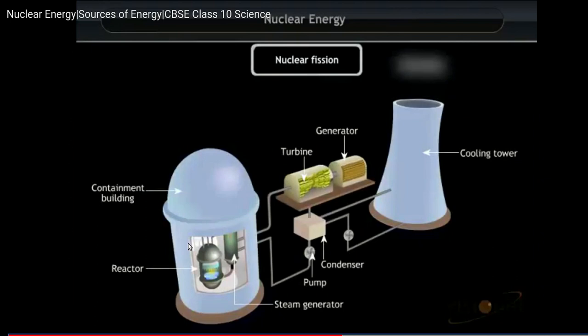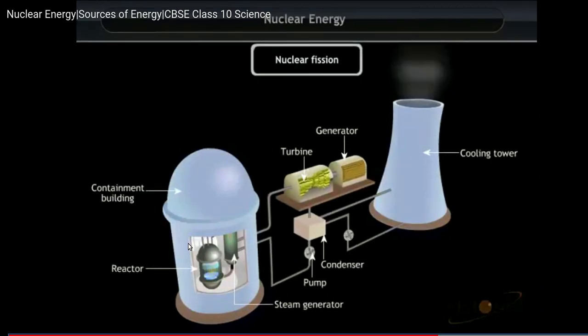When we want to generate electricity, we control the fission process. If we do not control it, it leads to an atom bomb. We don't want an atom bomb, right?